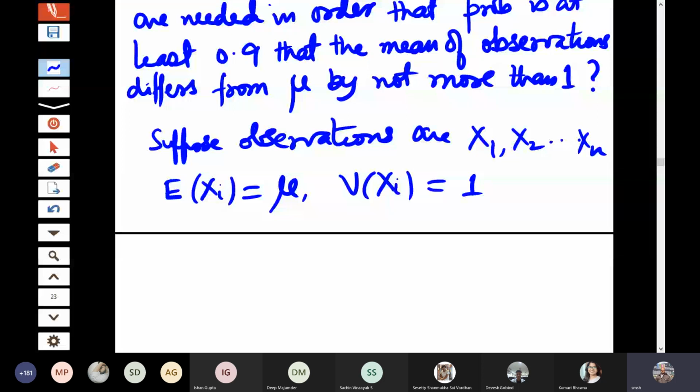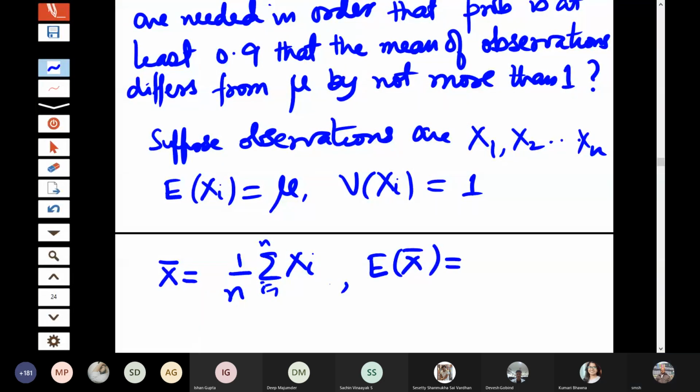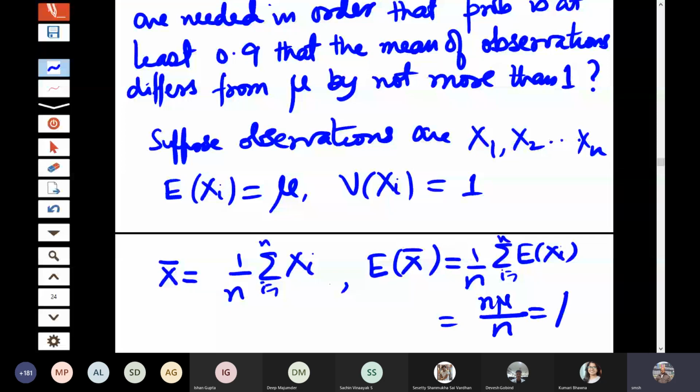So what is the mean of the observations? That is x bar, that is 1 by n sigma xi. So what is the mean of x bar? That is again the same, because it is 1 by n times expectation of xi. So that is mu plus mu plus mu, n mu. So n mu by n, that is mu. And what is the variance here?